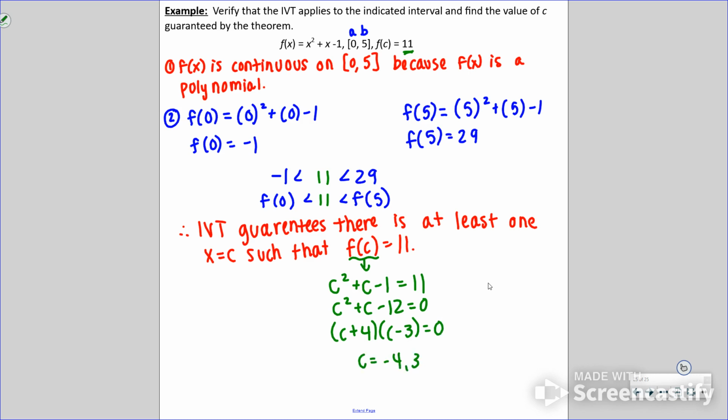Okay, so I get two c values: 3 and -4, yep. Which one is in my interval 0 to 5? Yep, 3. So that'd be my answer.